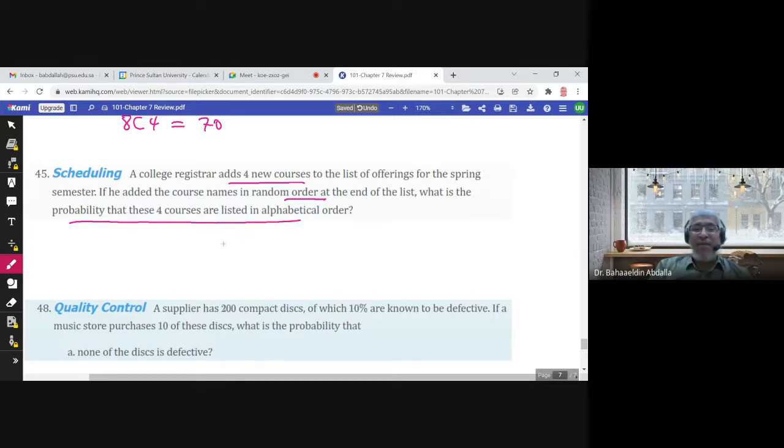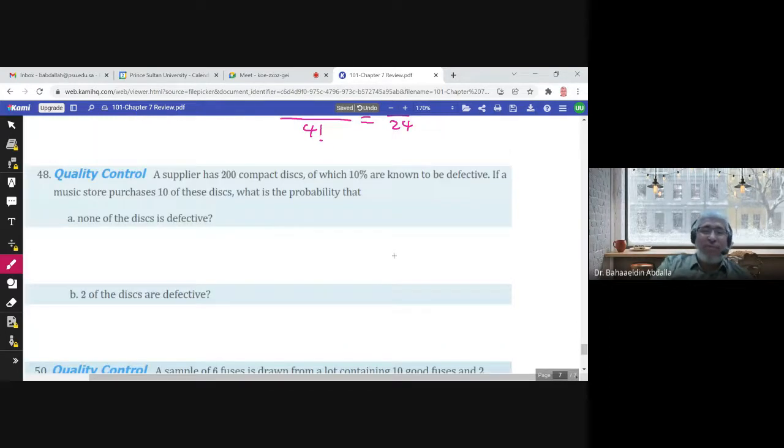Listed in alphabetical order, this is one possibility. And how many possibilities are there to arrange 4 courses in order? That's 4P4 or 4 factorial. So the probability is 1 over 24.